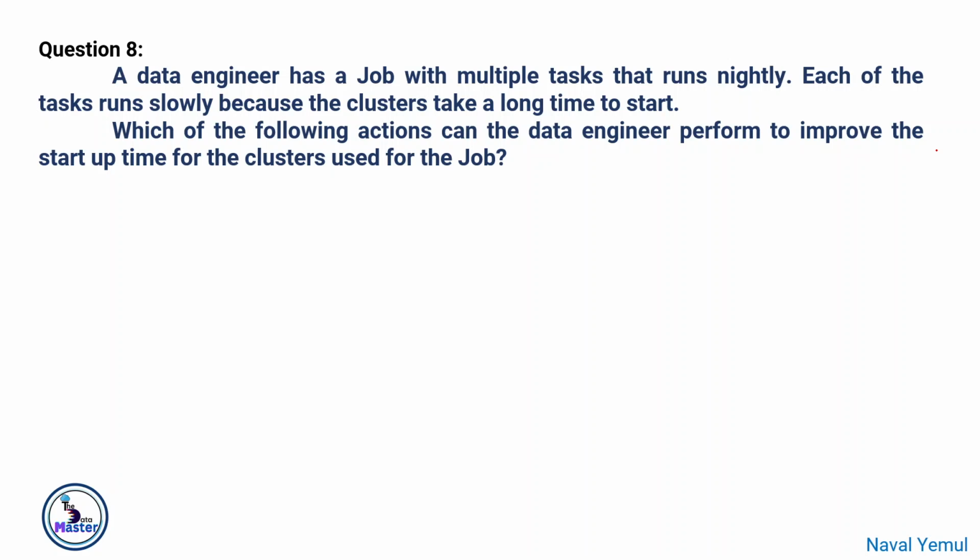Suppose you have scheduled it at 12 o'clock in the night. When your job starts executing, it may take 4 to 5 minutes just to start your cluster. So your cluster will take a long time to start, and once it starts, then it starts executing your task.